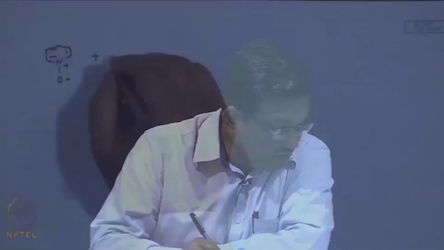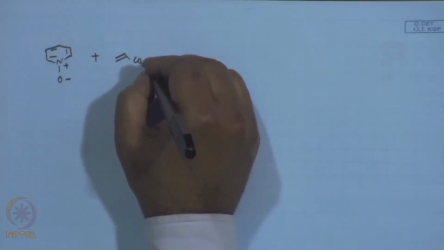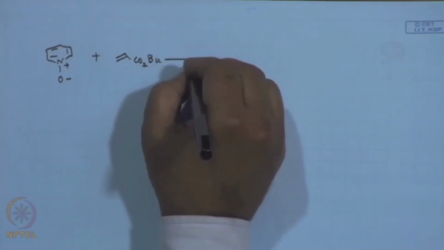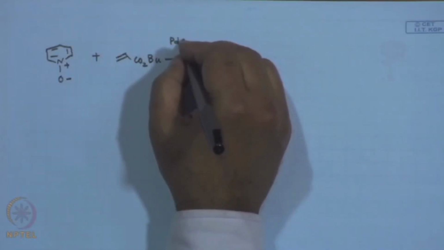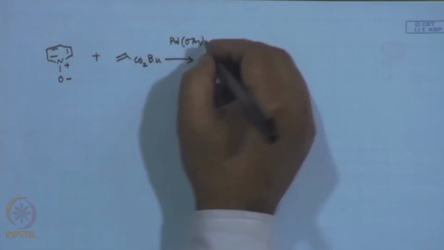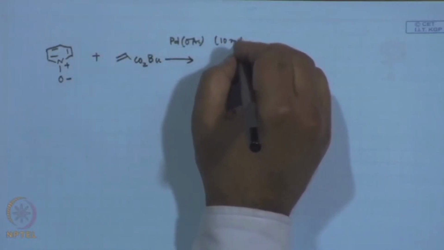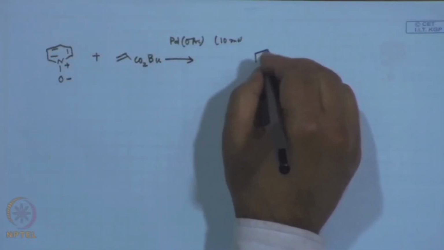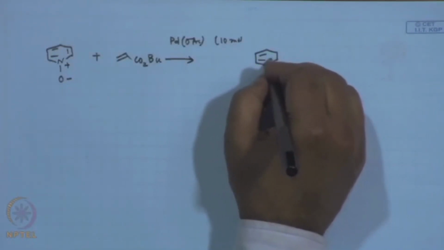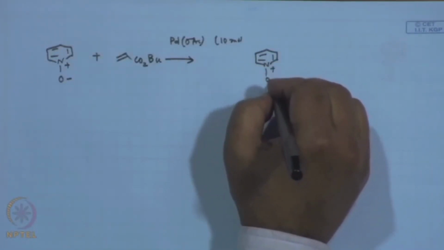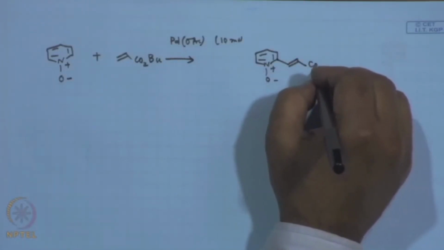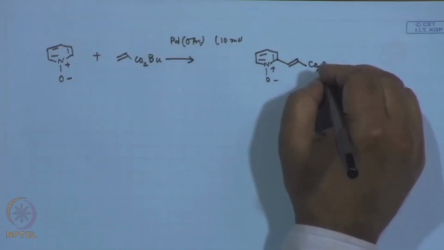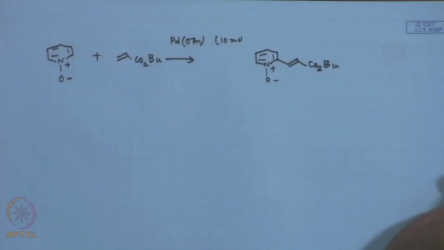And if it is reacted with these acrylates, now it is butyl acrylate, and once again the condition here is palladium acetate, 10 mole percent, and what you are likely to get, I will not be able to explain to you why the regiochemistry is C2, but it gives you the C2 alkenylated product.